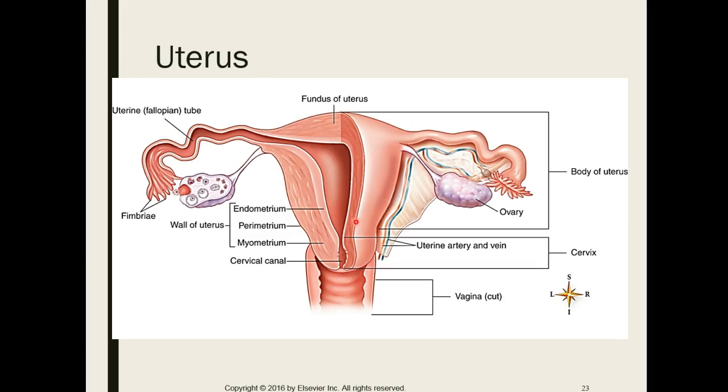The body is going to be down here, and then the cervix is this area. The endometrium is that internal lining, the myometrium is that muscle layer, and then the perimetrium is going to be the external portion of the uterus. After the uterus, it leads down into the vagina.